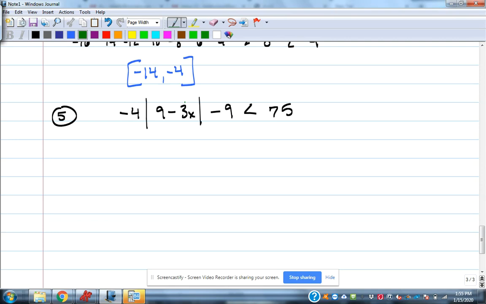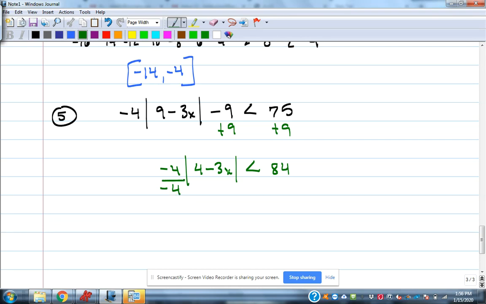So you have to isolate the absolute value. This stuff is not attached to it by multiplication, so I'm going to get rid of that 9 by addition. Get that part done first. So 75 plus 9, 84. And now what?